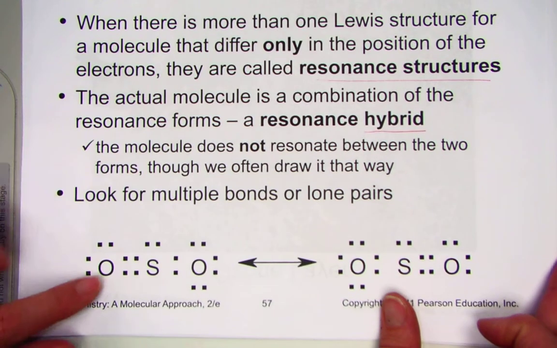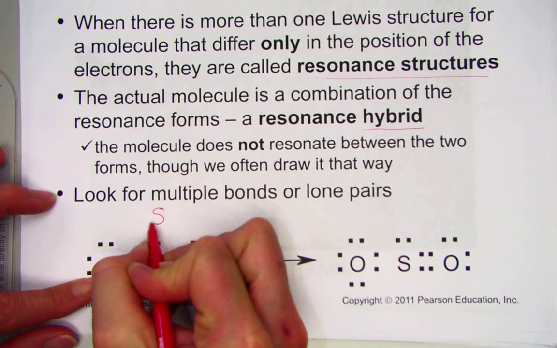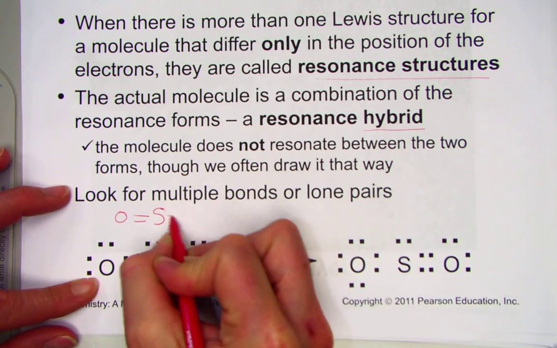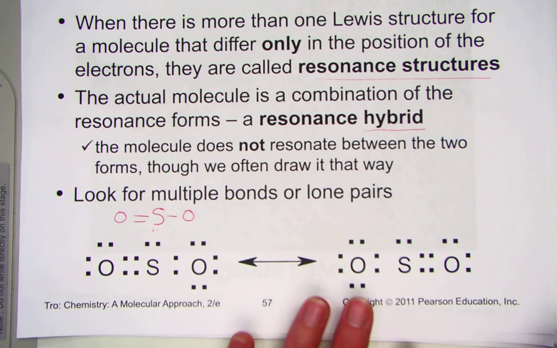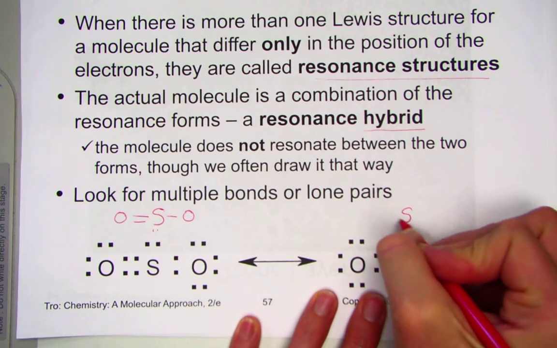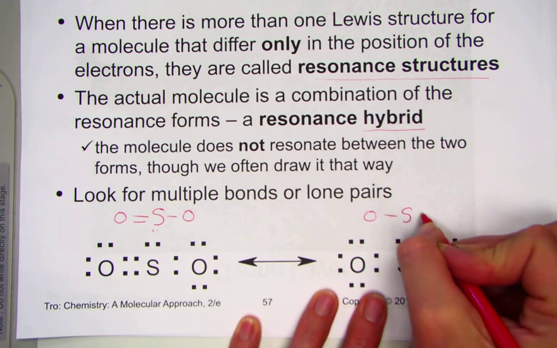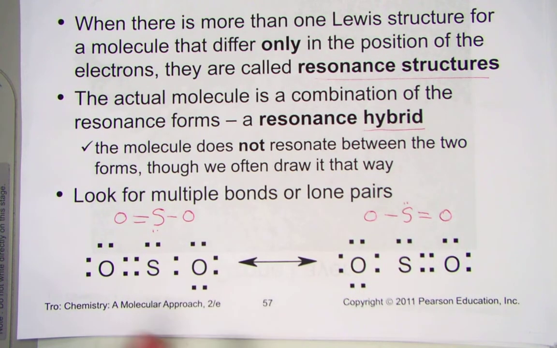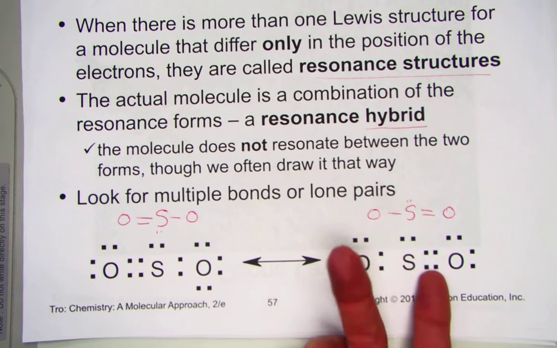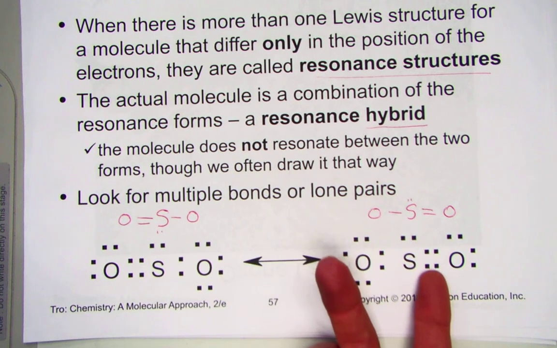For instance, in this molecule, we see sulfur, a double-bonded oxygen, and a single-bonded oxygen with a lone pair. This is in resonance with a single bond to the left and the double bond to the right. Keep in mind, we are not literally just flipping the molecule over to see its mirror image.